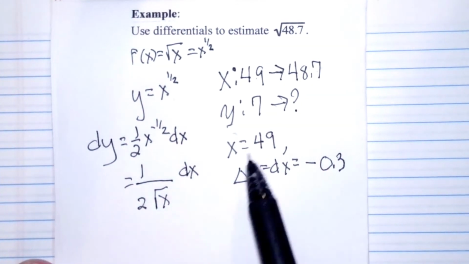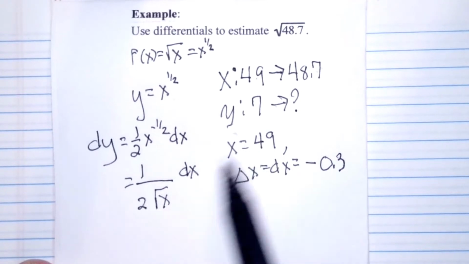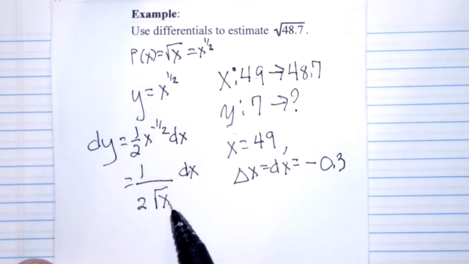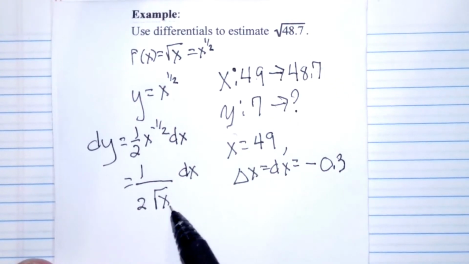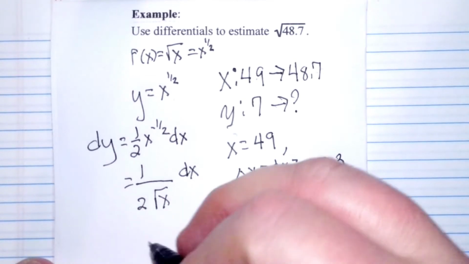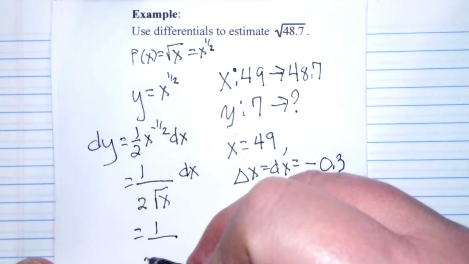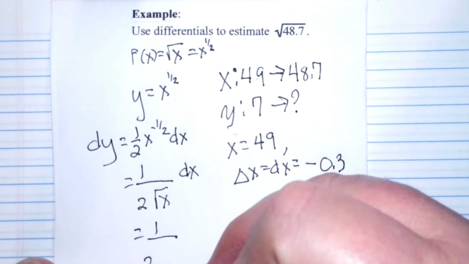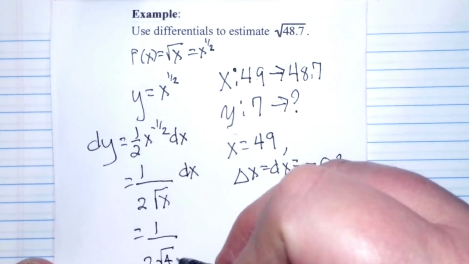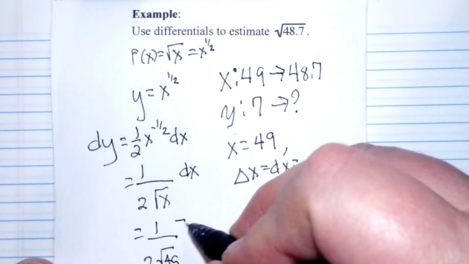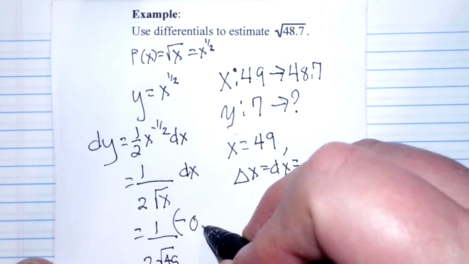I hope you see now why I was wanting you to choose x to be 49 instead of 48.7. I mean, if we're going to have to calculate the square root of 48.7 down here, then what's the point? So we know that what we're going to do is substitute in the values that were given. So we've got the square root of 49, and dx is negative 0.3.